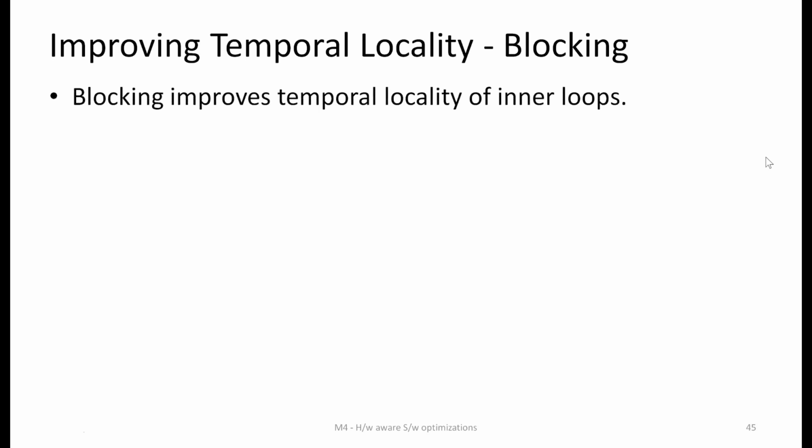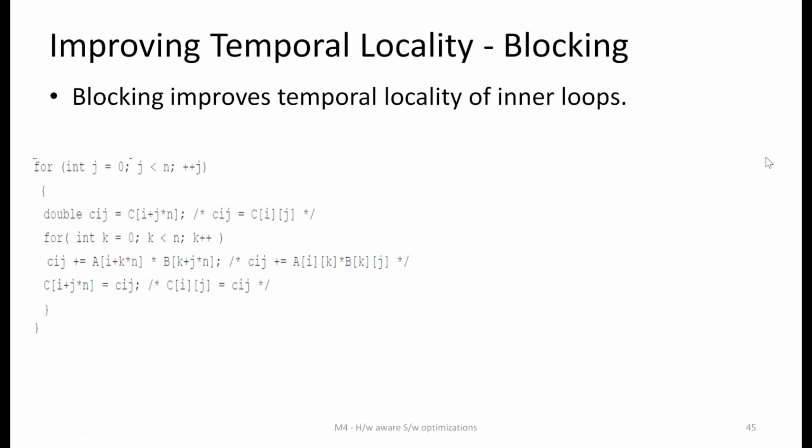The technique that's used is called blocking. Some of you might already be aware of this. It's a very popular technique to speed up things. Blocking is typically applied to the innermost loop so that the temporal locality improves. So this is our matrix multiplication program, which is popularly called the DGEMM program, and it's the core of many of the neural networks that we see today.